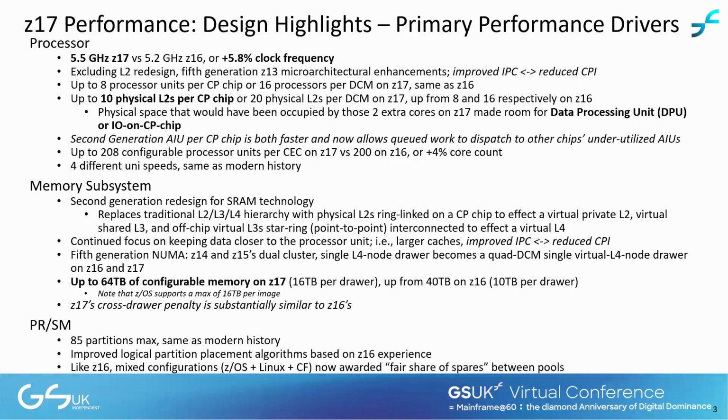The second generation AIU, this is the artificial intelligence unit, which we have 1 per chip. The second generation, each individual one is faster than the first generation, significantly so. But the other cool thing is that before there was only the ability for the local cores on the chip to use the local AIU.